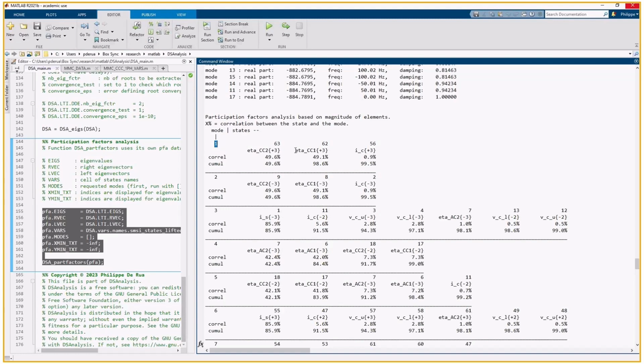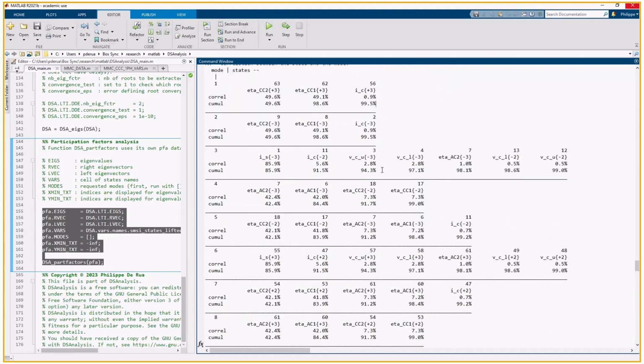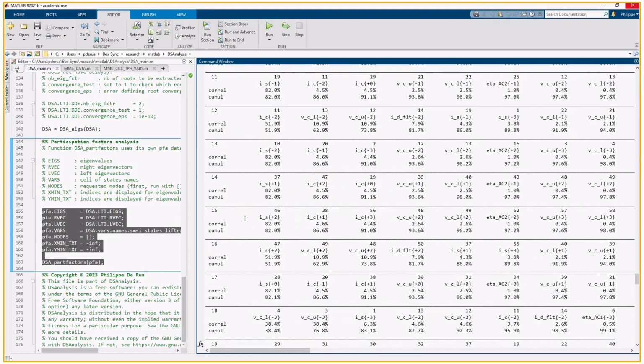Each state has a particular correlation, so a particular weight in the mode, and then I display the cumulative correlations up to something close but not equal to 100%. Otherwise, some lines of the table would be very long. This is something that you can change minorly in the code. Let's take just an example.